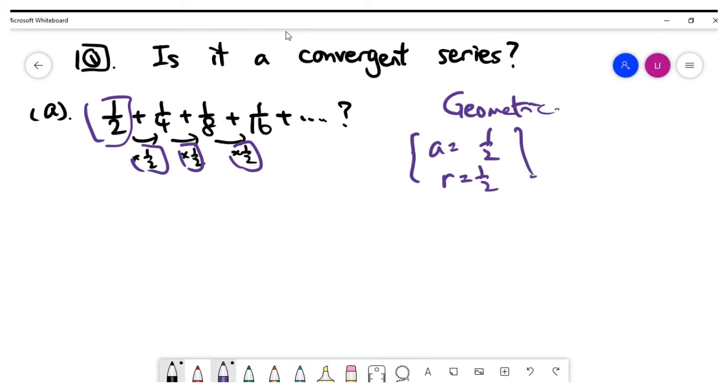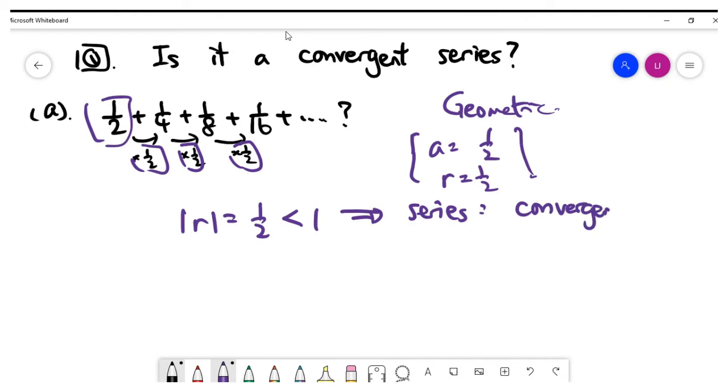And by the previous page, where we just learned the geometric series test, we just need to look at the absolute value of the ratio, which is half now, which is less than 1. And that's why we understand that the geometric series is convergent.